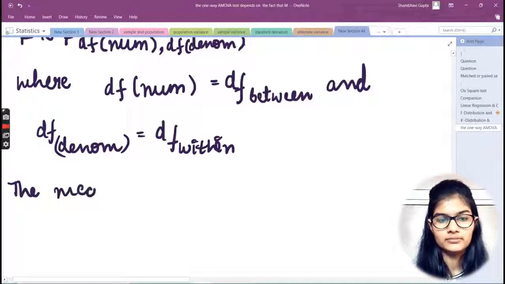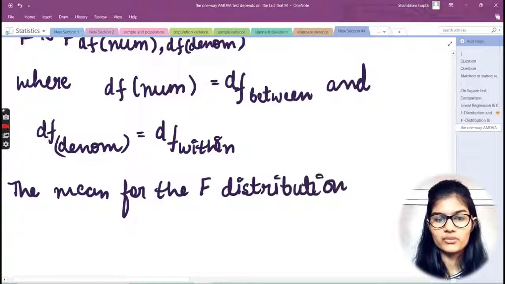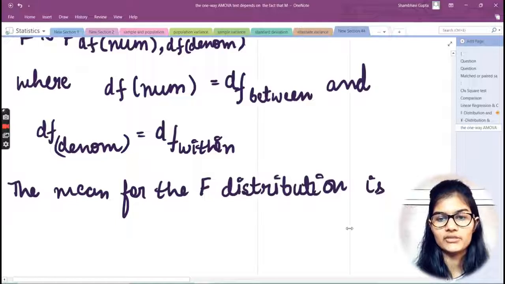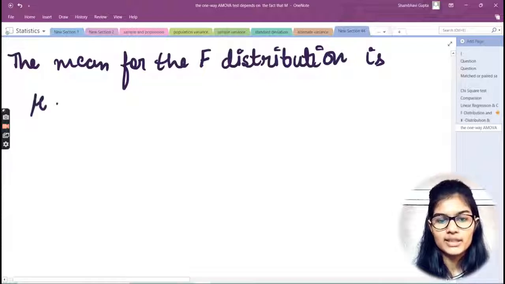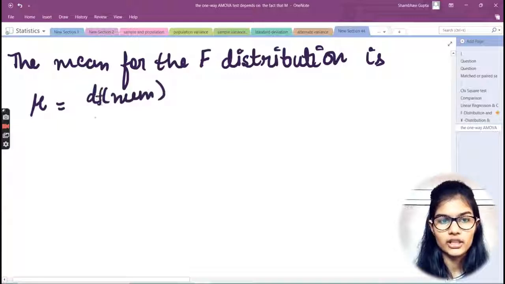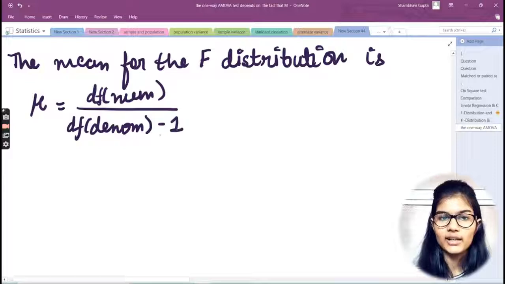Now next we have the mean for the F distribution. What's the mean for the F distribution? The mean is mu equal to df numerator divided by df denominator minus 1.